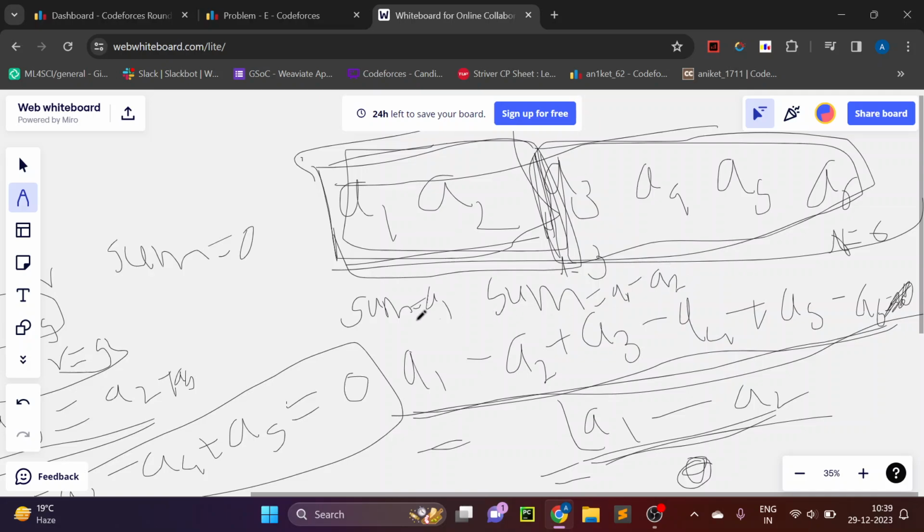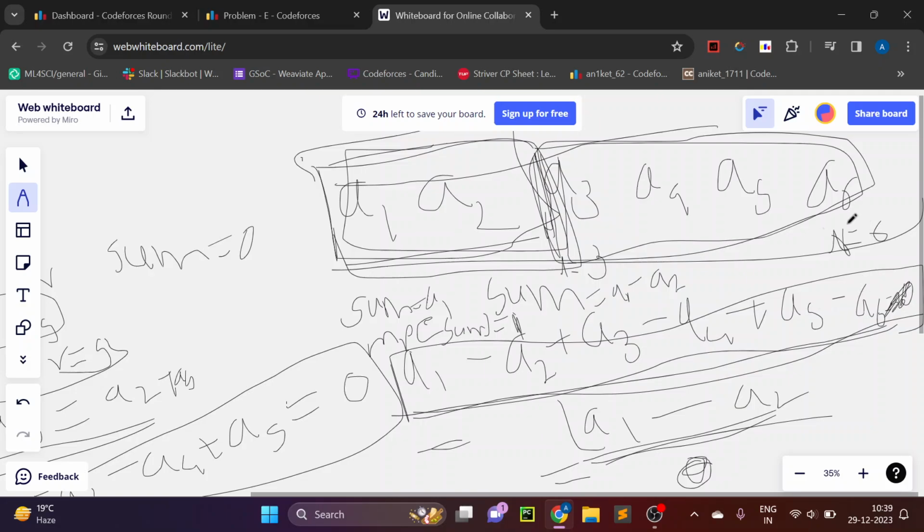Now after adding each element I will store that I have got such a sum at this point of time. Now if I again go to 6, at this point the sum will be this equation, A1 minus A2 plus A3 minus A4 plus A5 minus A6.